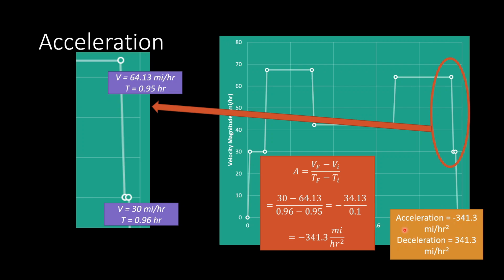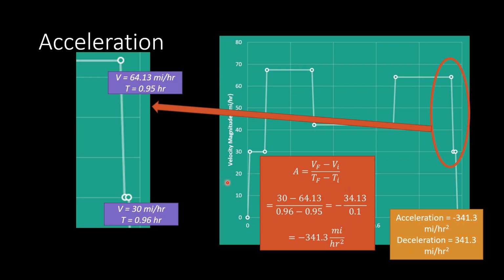It's just another way to use that word. I haven't looked at your answers, but I just wanted to clarify that in case you were wondering what I meant by deceleration. That was a little trick question, but a very easy trick question. So that's how you calculate acceleration or deceleration for different legs of the journey.